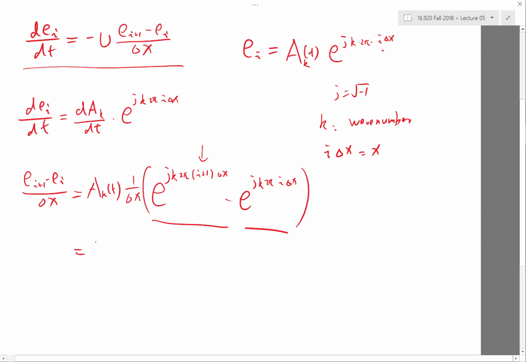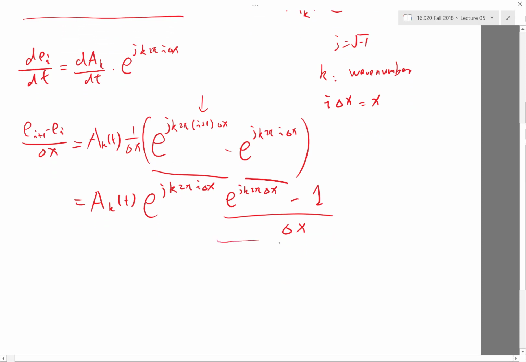Once you split it, the common term is e to the jk 2 pi i delta x, and then we have 1 over delta x of e to the jk 2 pi delta x, the i plus 1 is the 1 part, minus 1. Make sense? Okay.